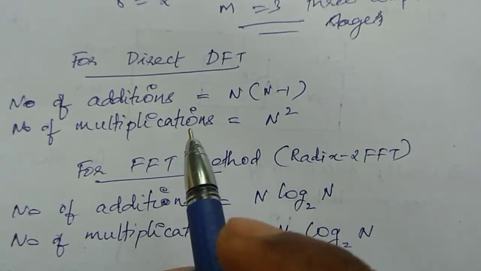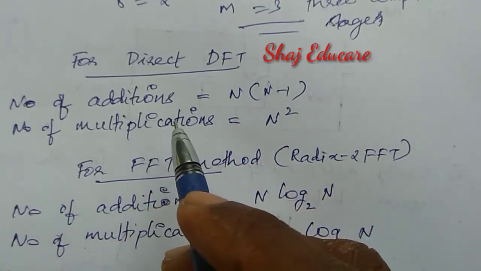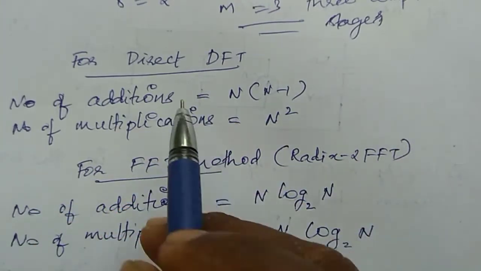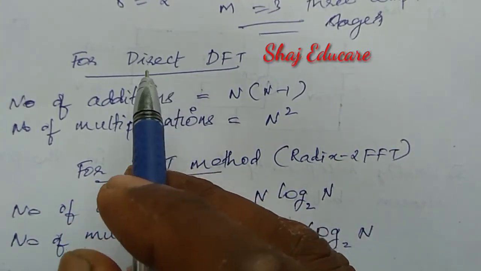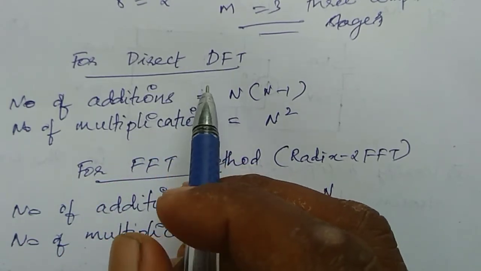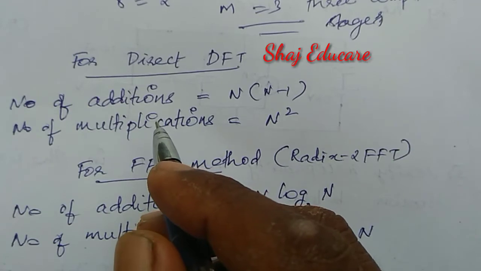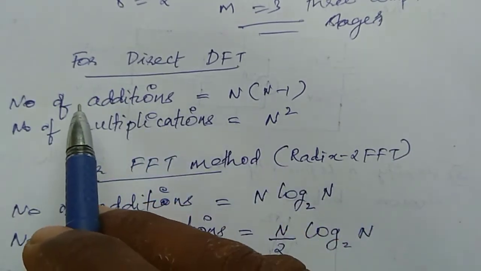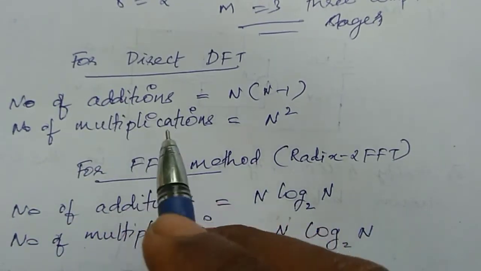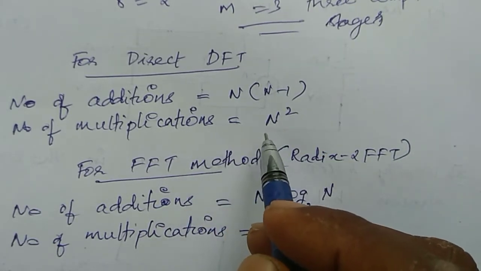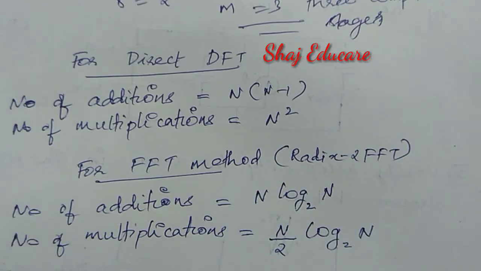Next, we are going to compare the computational complexity in both methods. If we calculate the DFT using the ordinary method, means by using the corresponding equations, then the total number of additions to be performed is N into N minus 1, and the number of multiplications is N square.